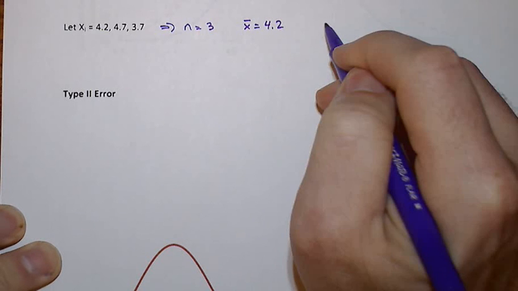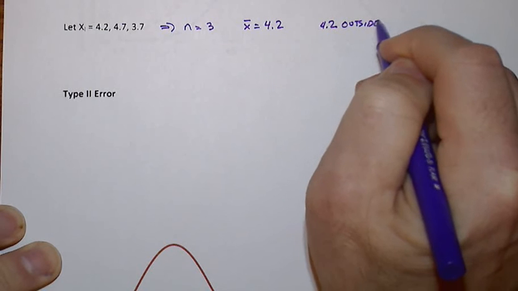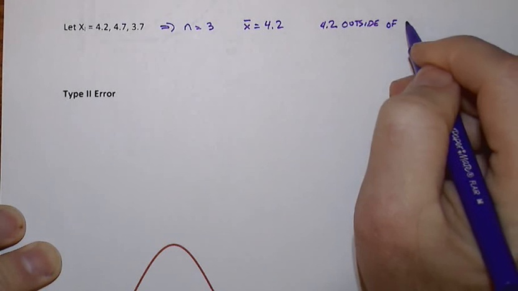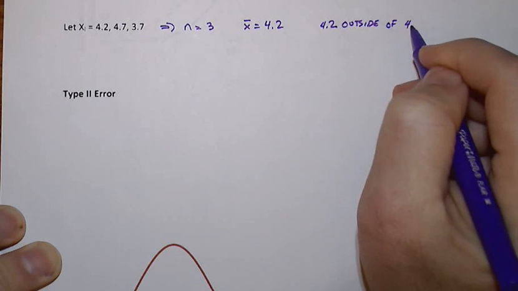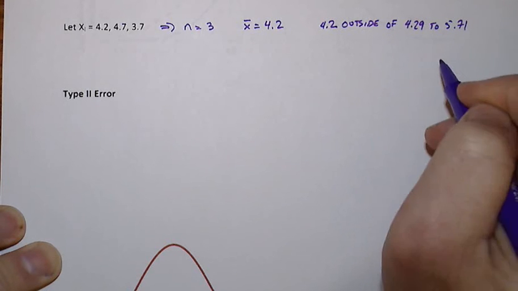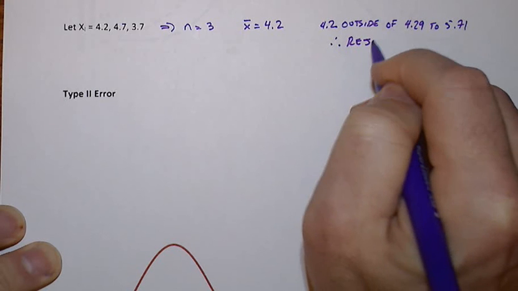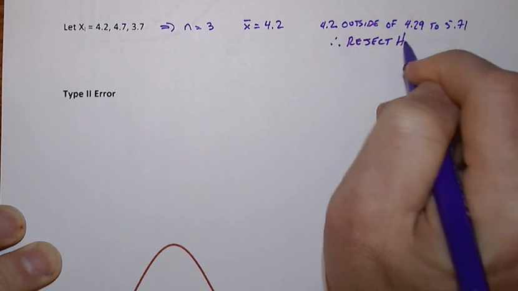And 4.2 is outside of our threshold value of 4.29 to 5.71, and therefore we would reject H naught, that the true mean was equal to 5.